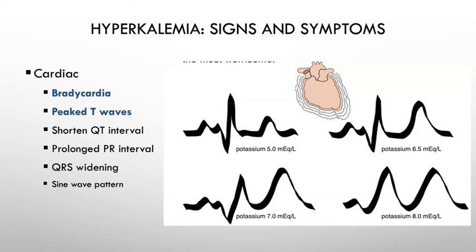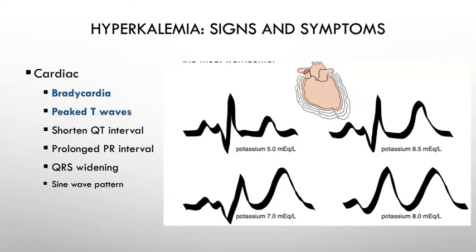This risk generally increases as plasma potassium increases, but EKG changes and arrhythmias can occur at any level of hyperkalemia. The first EKG change that develops is a peaked T wave, as shown on the picture on the right, followed by increased PR interval, widened QRS complex, and eventually loss of the P wave.